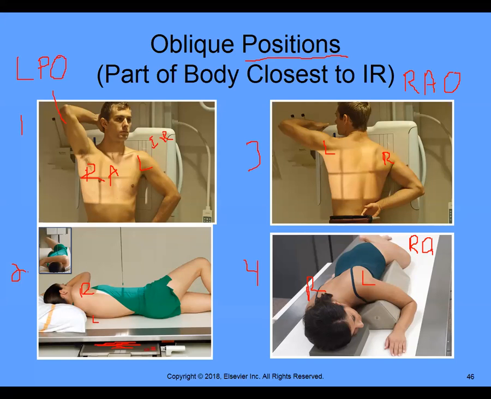That's supposed to be an A. And again, we know that she's oblique. So both of these are RAOs. And again, I can turn them the opposite direction. I put the left side, and that would be the left anterior oblique.